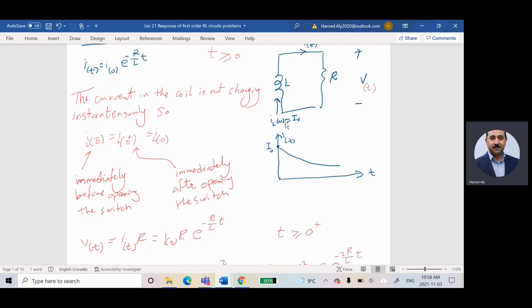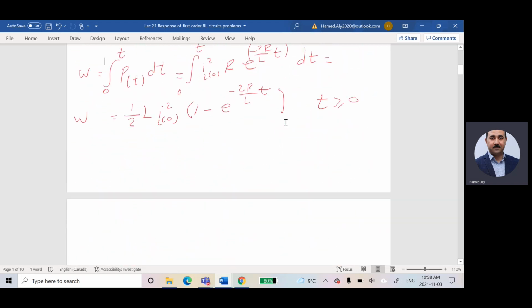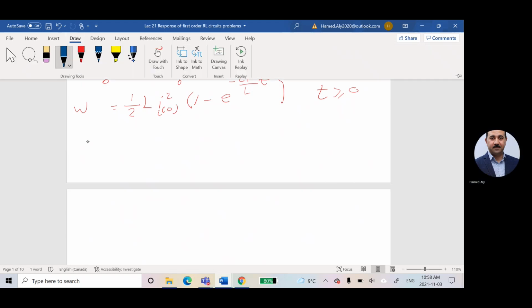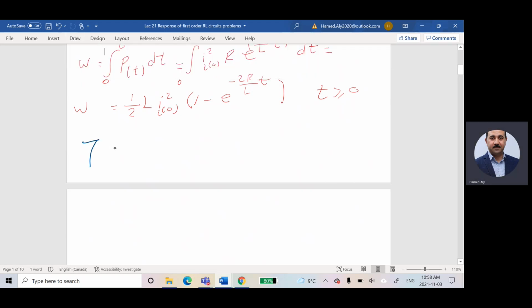Okay. Let us continue talking about that story, but right now I would like to rewrite all of these equations in a nicer format by using something called tau. What's tau? Tau is defined as the time constant.